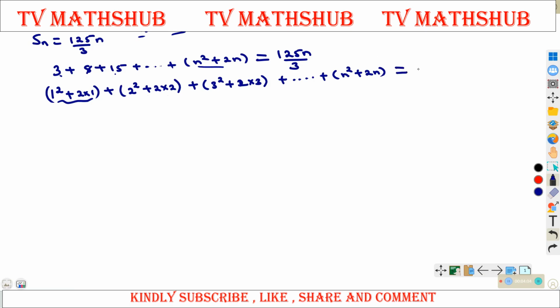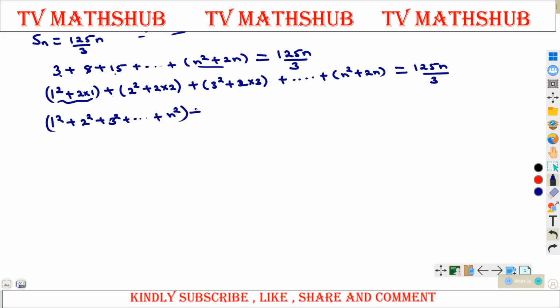But we know that the sum of all this is 125n divided by 3. Now we can write this as 1 squared plus 2 squared plus 3 squared, if I pick the squares first, up to n squared.